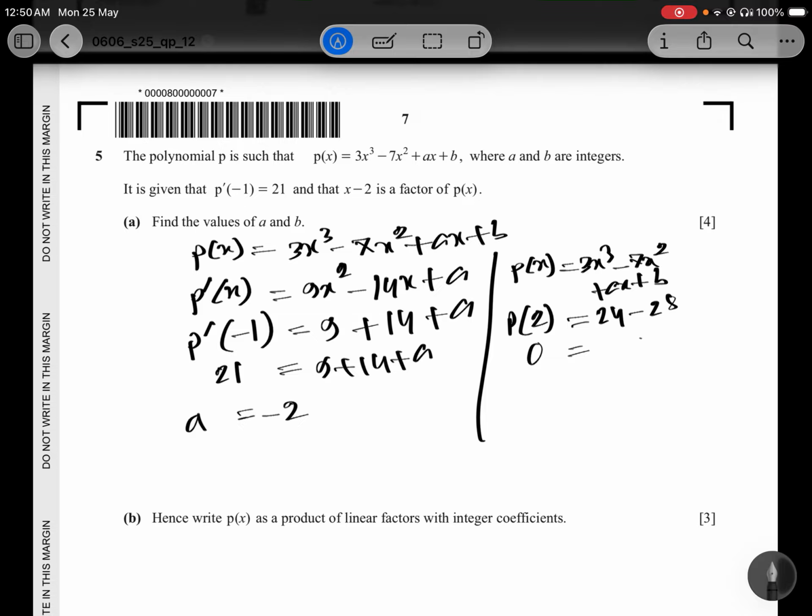Okay, 28, a is minus 2 and okay minus 4 plus b. So here minus 8. So b is equal to 8.